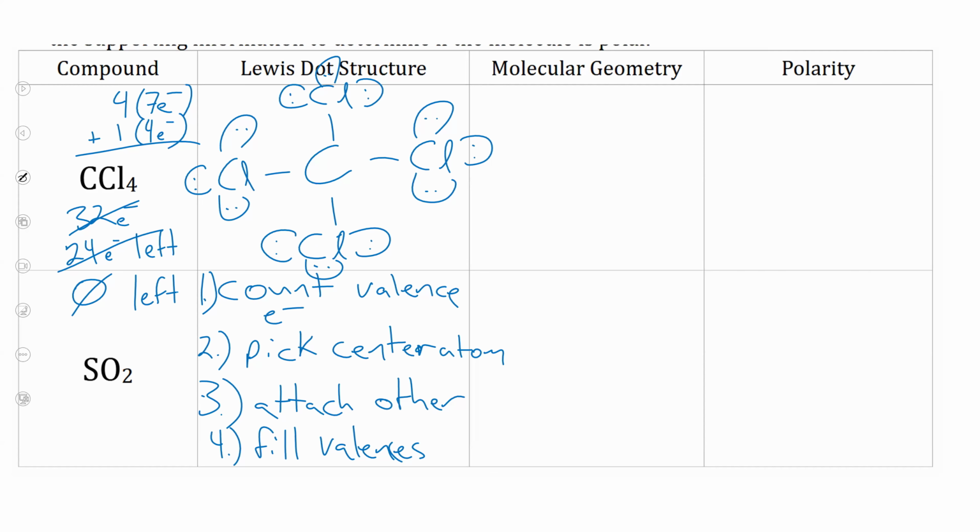Carbon also has 8 valence electrons already, right? If the carbon's got 8 valence electrons, it's also happy. I mean, stable would be a better way to say it instead of saying it's happy. So we used the right number of electrons. Everything has a full valence. We're good.